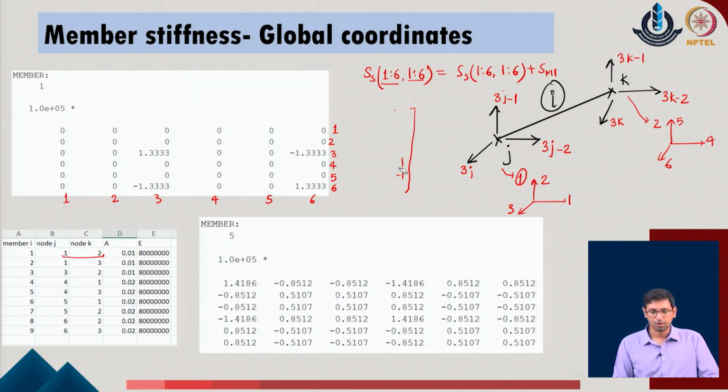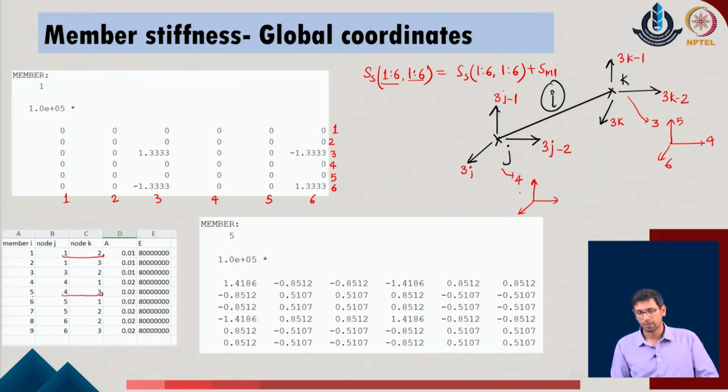Now, in the same manner, as a slightly different case, we can pick member number 5. If I pick member 5, I get the two joints, joint j which is 4 and joint k which is 3. So I will now change the values over here: this is 4 and this is 3 in the given system. As we change the values of joints j and k, we will get different values of the stiffness contributions.